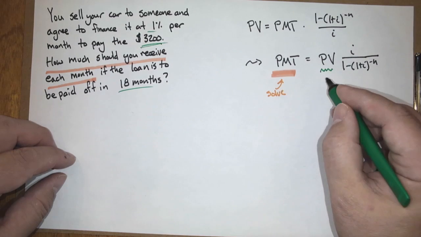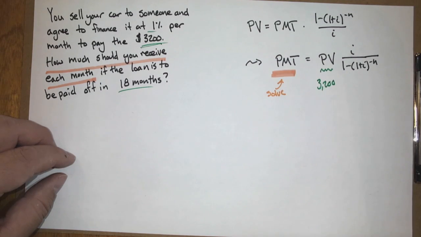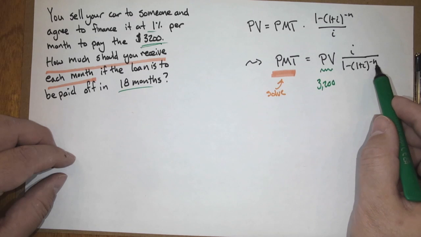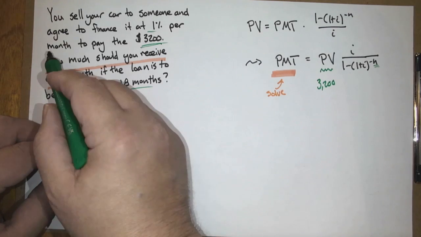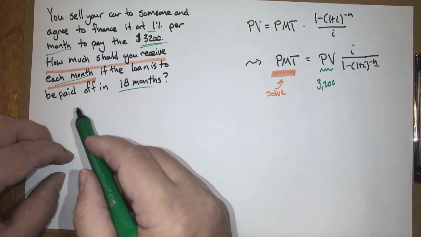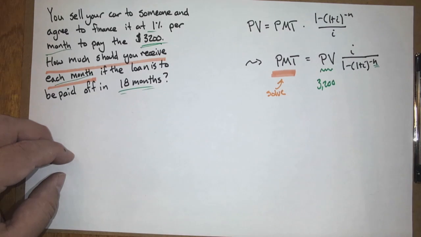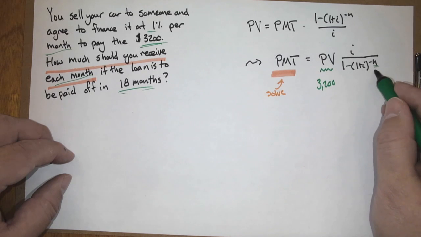So that's the $3,200. All right. What's the n? How often are the payments being made? They're being made per month. Right? You should receive it each month. You're paying it off in 18 months. So n is what? 18. N is 18.